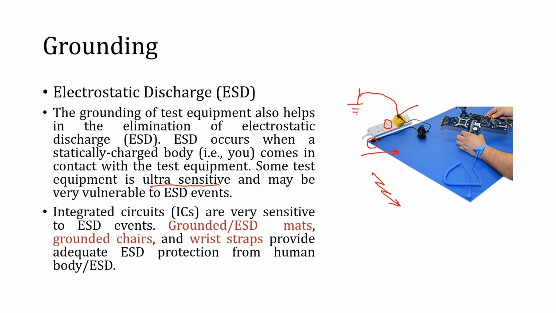Before handling a device which is very sensitive, we have to wear a wrist strap. Like in this example, on the wrist, that person is wearing a wrist strap. This wrist strap is also connected to this mat.